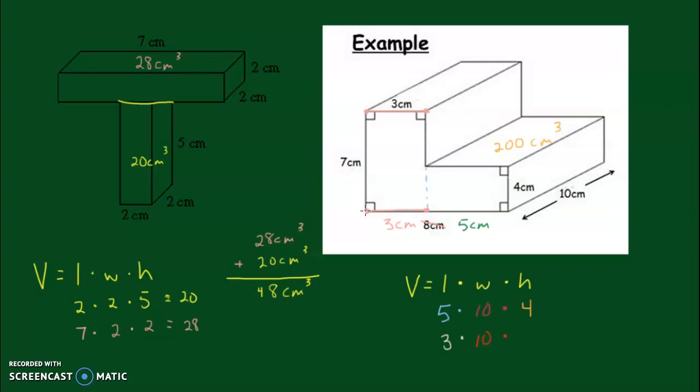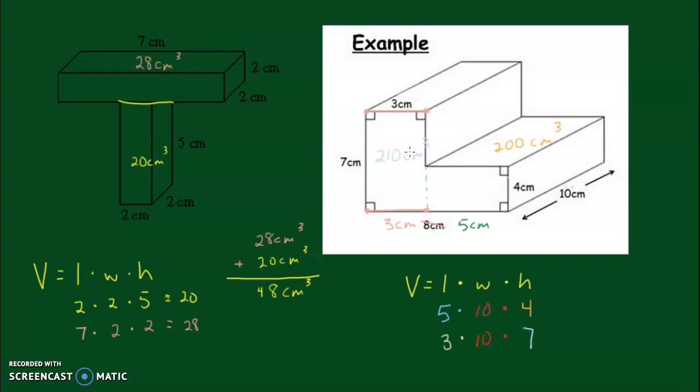And then our height from the bottom to the top is 7 centimeters. So if we multiply these together, and I'm going to go with the two outside numbers again, 3 times 7 is 21. 21 times 10 is 210 centimeters cubed. And those are very, very close to being the same.